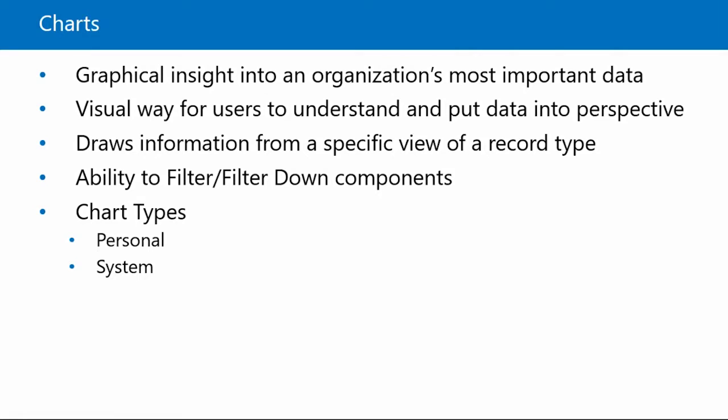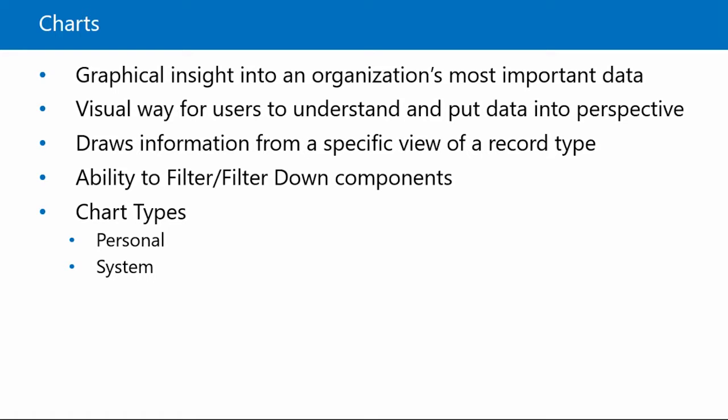When it comes to working with charts, charts provide a graphical insight into an organization's most important data. In addition, they provide a visual way for users to understand and put the data into visual perspective. They also have the ability of drawing information from a specific view of any record type that's available within the Microsoft Dynamics 365 environment.